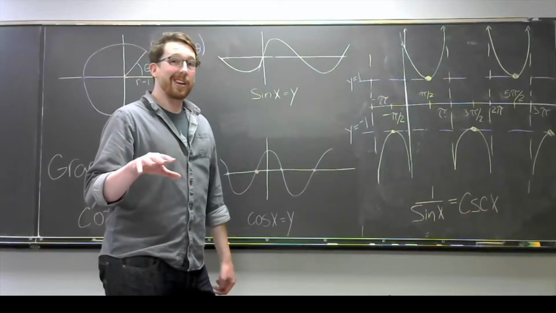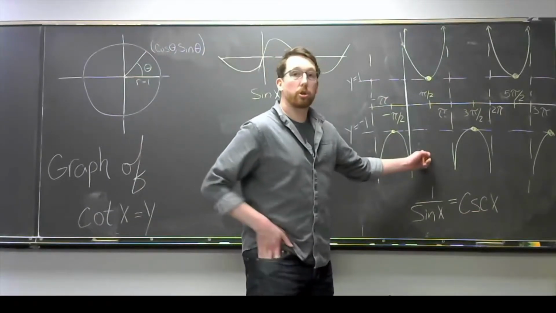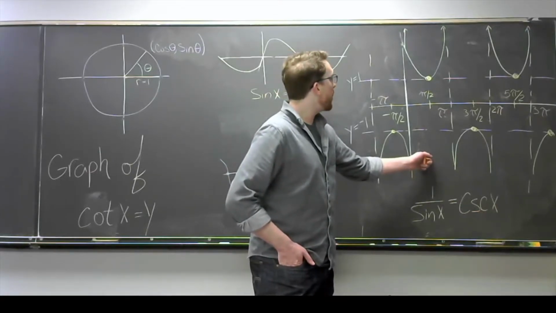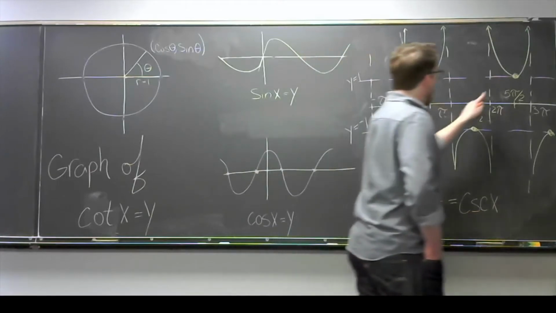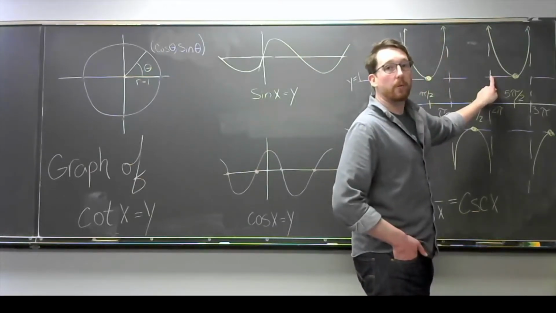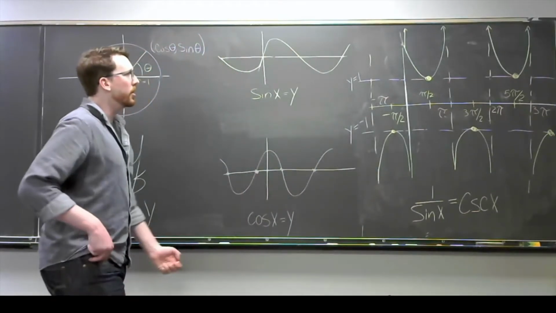Notice this, unlike our cotangent and tangent, this is 2 pi periodic. And it's 2 pi periodic because we start at 0, and at 2 pi, we begin to repeat ourselves. So it has a periodicity of 2 pi.